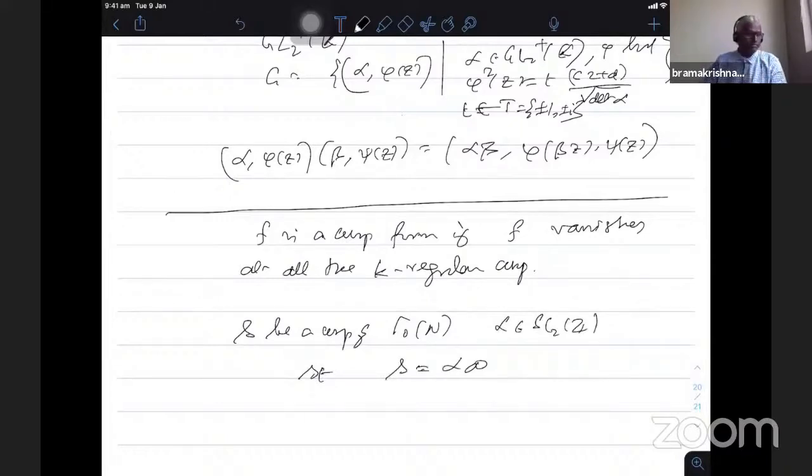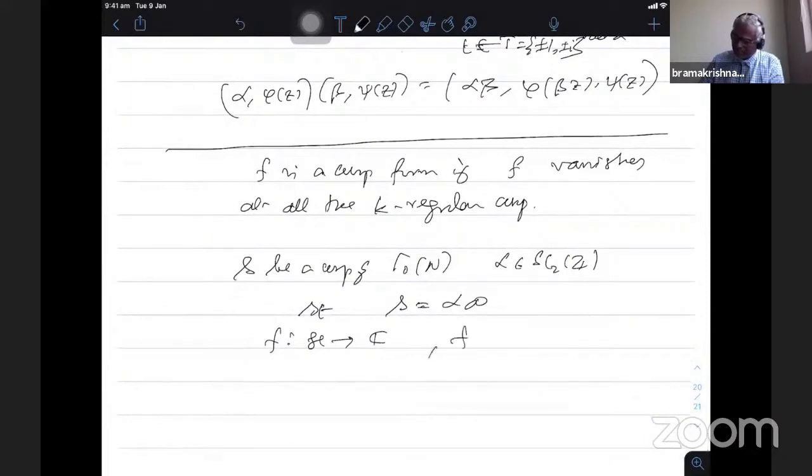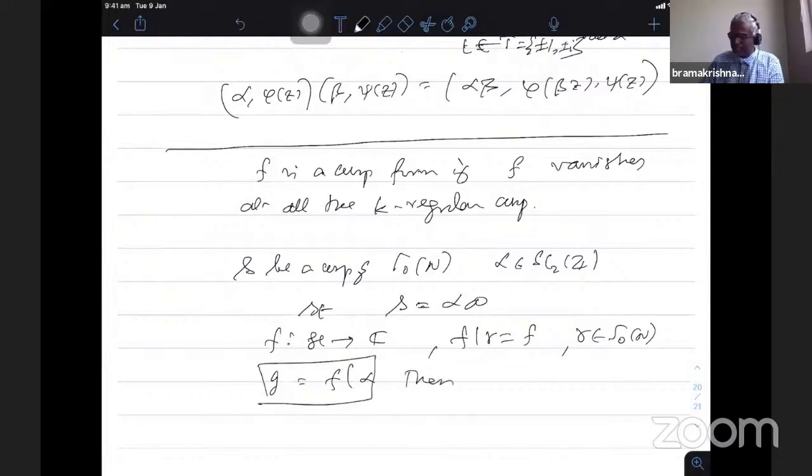Assume that F is automorphic with respect to gamma 0(n), F bar gamma equal to F, where gamma is in gamma 0(n). Then what you define is g to be the function F bar alpha.